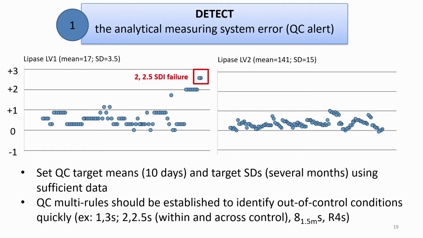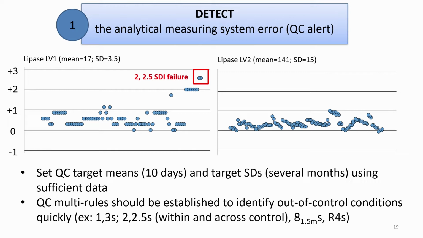This is because in that target SD, we want to incorporate as many sources of normal variation in the assay when it's performing as expected, things like multiple calibration cycles, multiple maintenance cycles, multiple reagent wedges, for example. Of course, when you launch an assay, you're not going to have several months worth of data to set the SD. So you can set a preliminary standard deviation target and then revisit it after a couple of months that the assay is in production and refine the SD if needed.